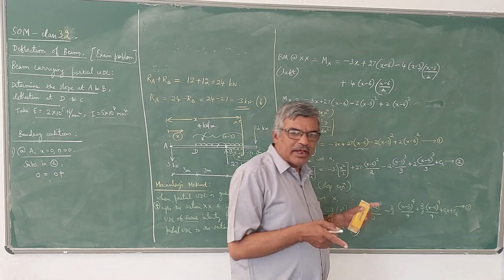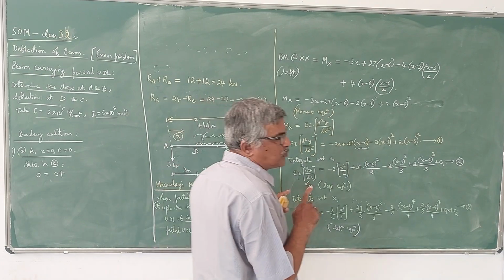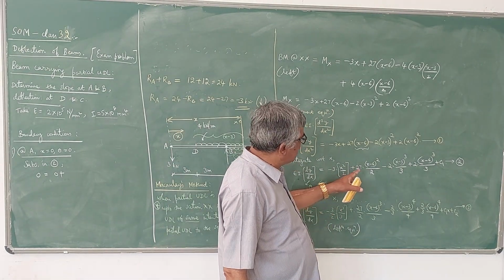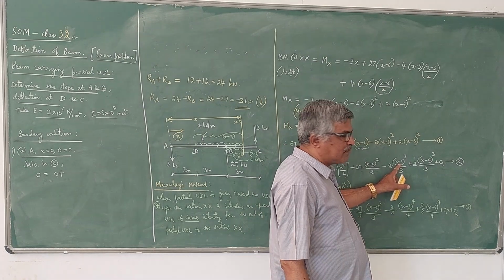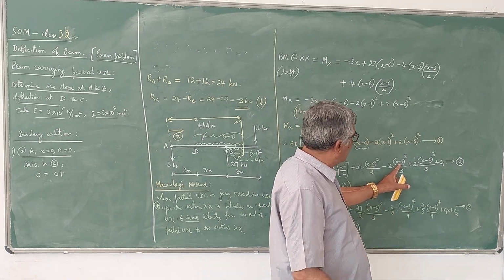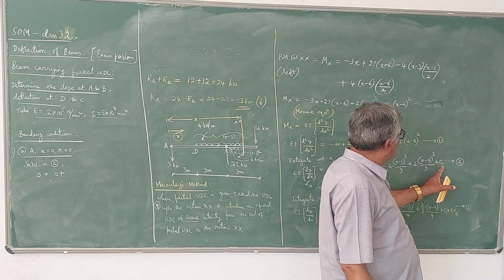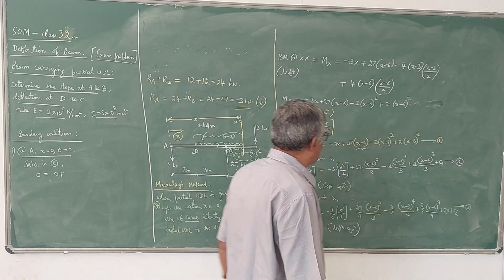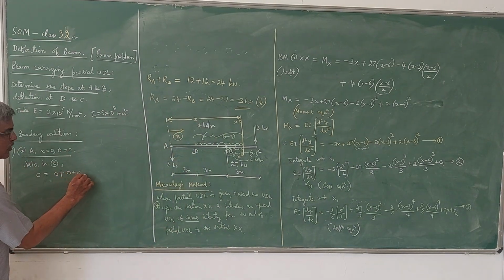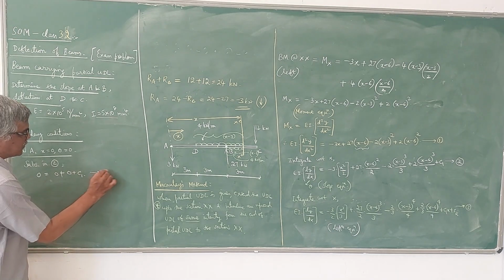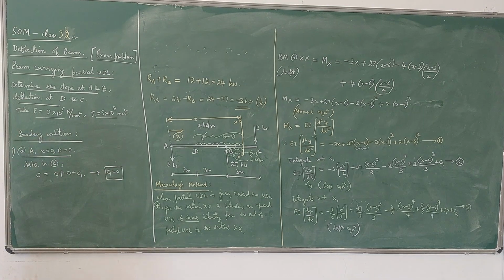I told you, in Macaulay's method, if any term becomes negative within brackets, that term should be neglected. So this also becomes 0. Then this one, 0 minus 3 is minus 3, negative, neglect that term. 0 minus 6, negative, neglect that term. Only plus C1 will be there, so all these terms are zeros. According to this, the value of C1 will be 0. So this is the first value.